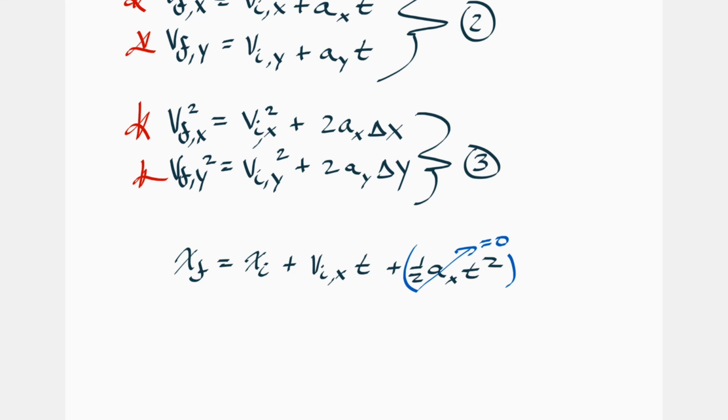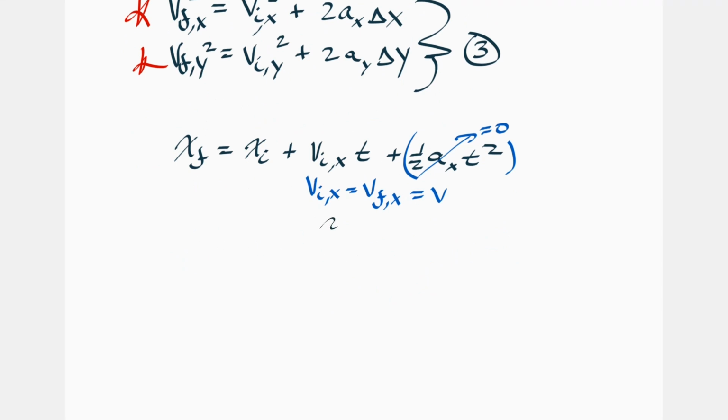Okay, and we also said if it's constant velocity motion, v initial x is equal to v final x is just equal to v, right? It's just a constant velocity, so there's no point in writing all these subscripts, right? So then we get x final is equal to x initial plus v times t.